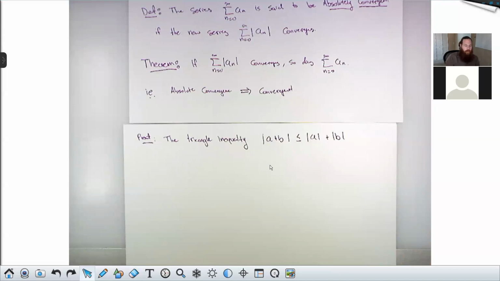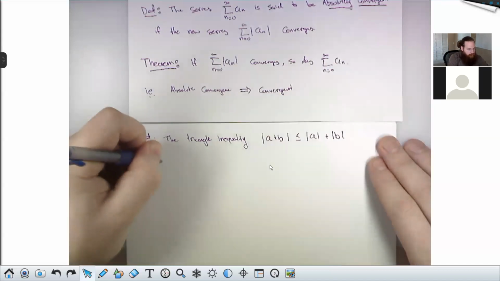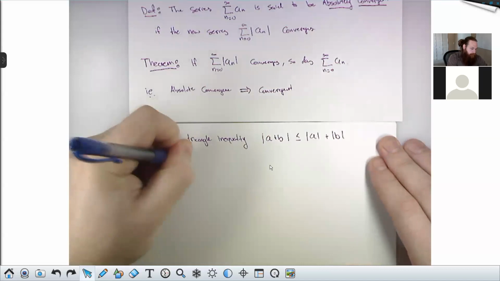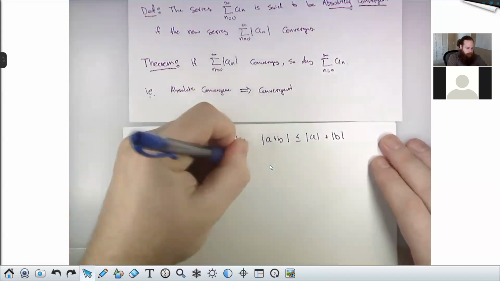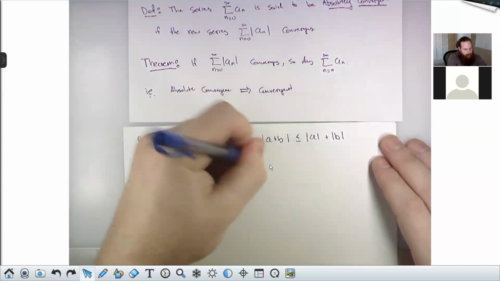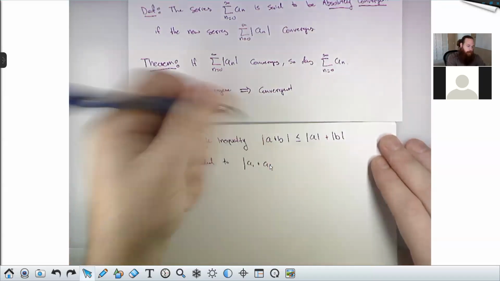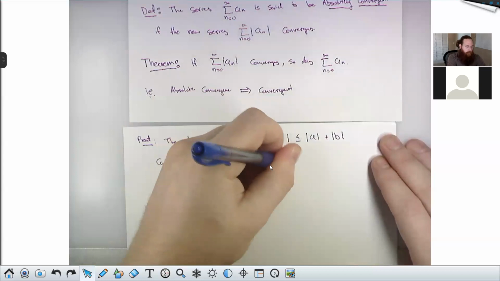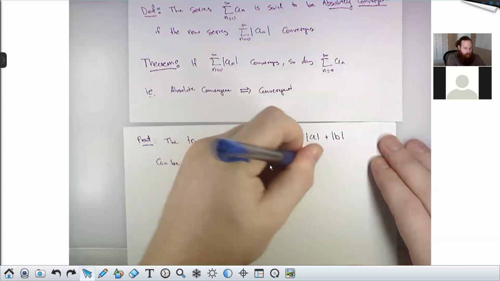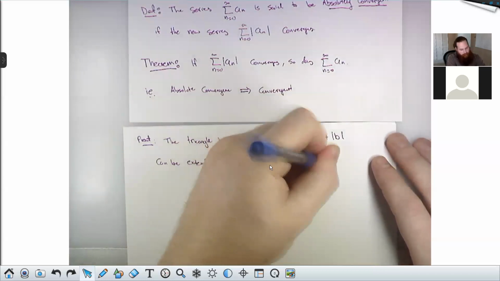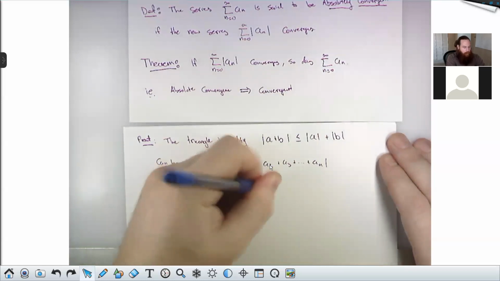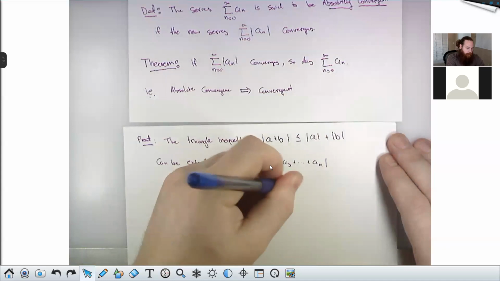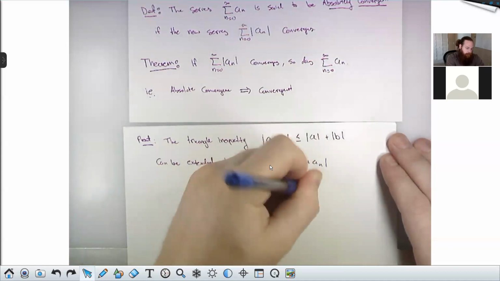So the triangle inequality can be extended to saying if you add up not just two things, but three things or even n things, that is always less than or equal to what you get when you take their absolute values separately and then add.